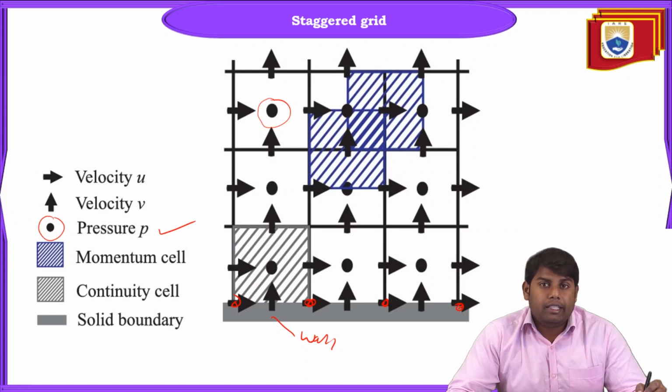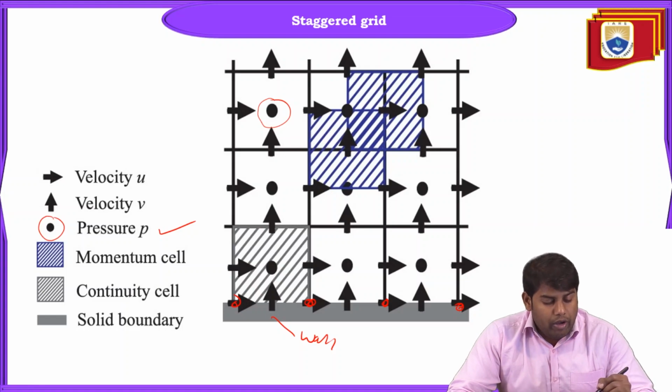When the simulation is started, or let's say before it starts, the values of flow variables are stored at the centroid of the cells. Once the simulation starts, at each and every time step these values will get updated.